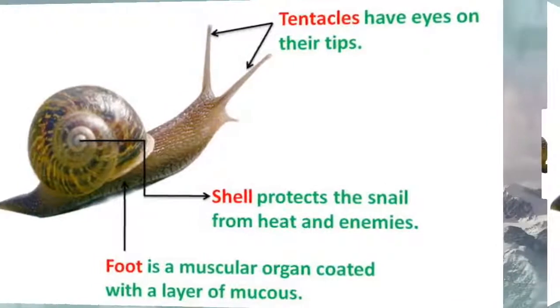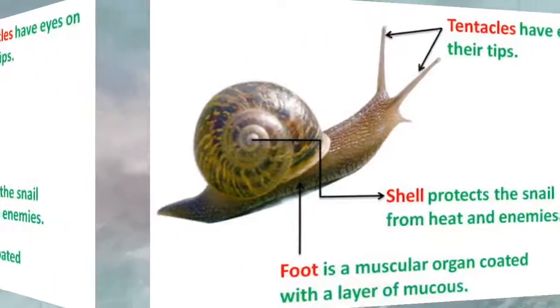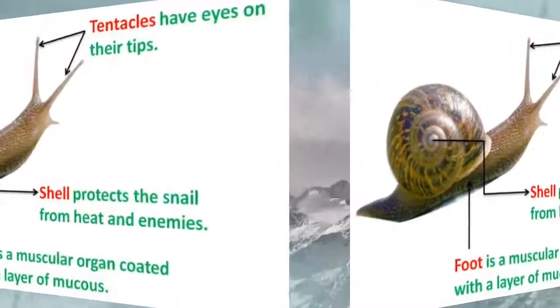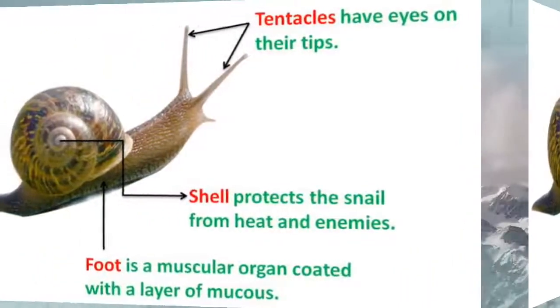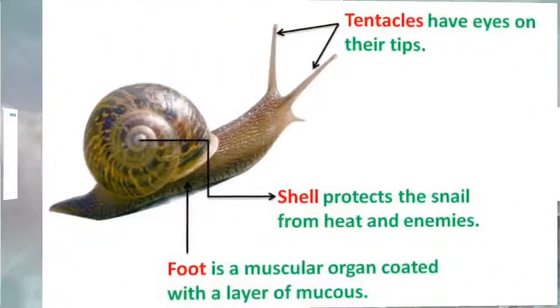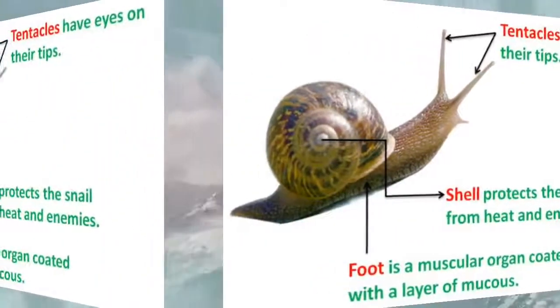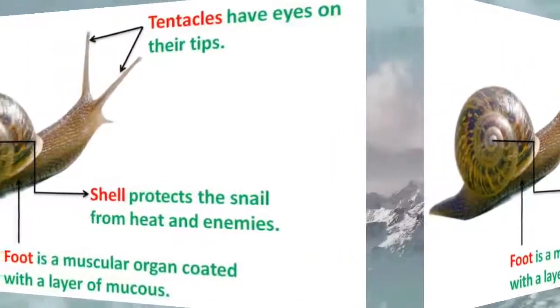The snail actually crawls on the layer of mucus. The sticky mucus reduces the friction between the foot and the ground by offering a smoother surface to crawl on, thus enabling the snail to move on a variety of surfaces.